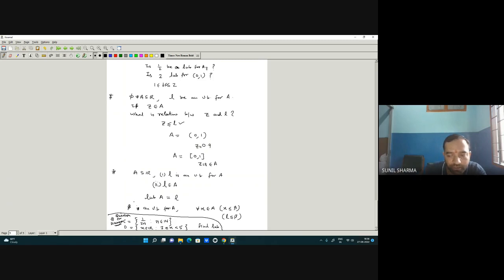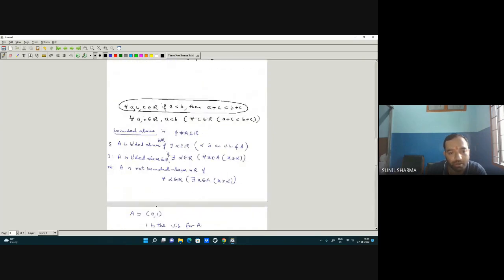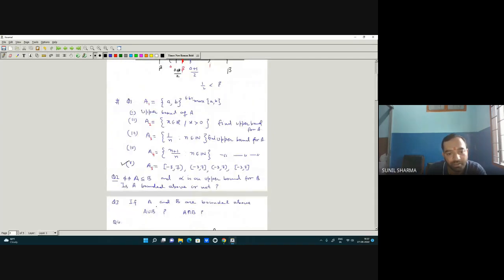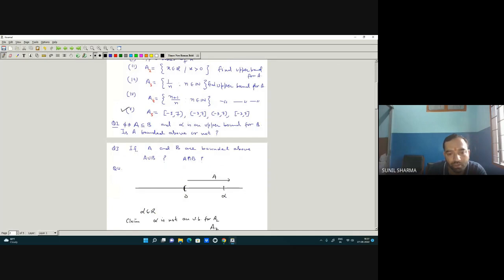Try to discuss these questions in the breakout session. We have given question number 3 also: if A and B are bounded above, what is the LUB of A union B and what is the LUB of A intersection B? And also try to discuss question number 5.